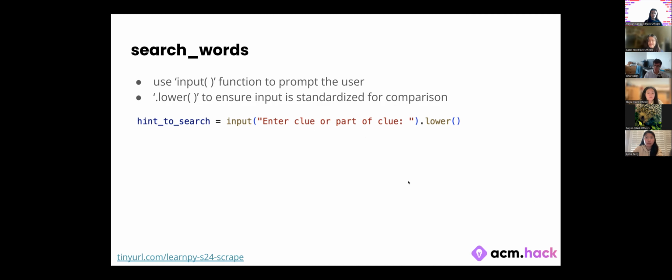As we're doing this, I think we also have to remember to use the lower method to ensure that all the input provided by the user is converted to lowercase. This will help us to ensure that there's some consistency in comparison, so that we can perform case insensitive matching when we are filtering through the database using the input hint and solution letters.